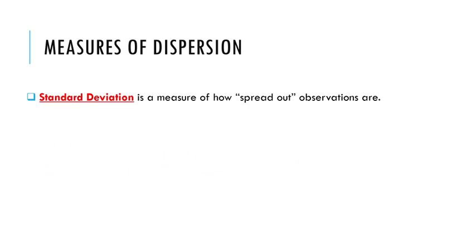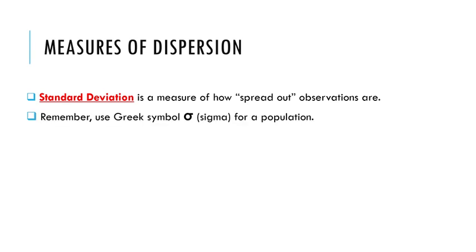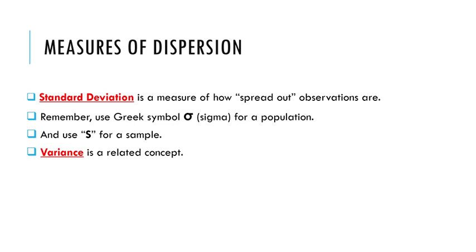As we said, standard deviation is useful because it's a measure of how spread out the observations are. Just to remind ourselves, we use the Greek symbol sigma for population, and we use S when we're talking about a sample. Now, you've also heard the concept of variance, which is a related concept. Standard deviation is a measure of spread, and variance is also a measure of spread.